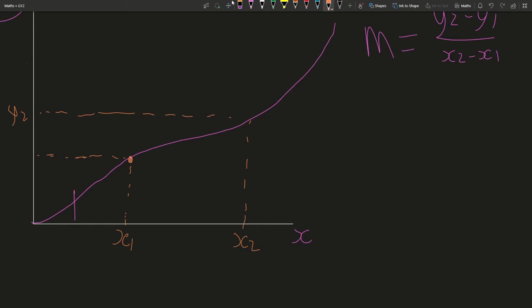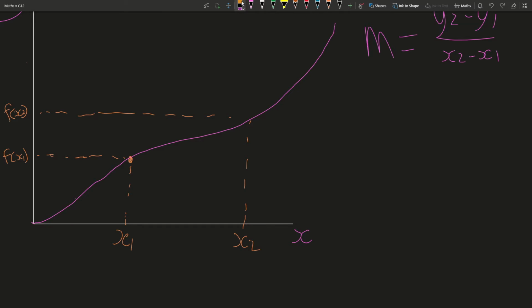So we're going to say f of x1, and this would be f of x2, right? So we're doing pretty much the same thing. We're just writing y in a different way, just to emphasize that we're talking about this function, this curvy line. Okay.